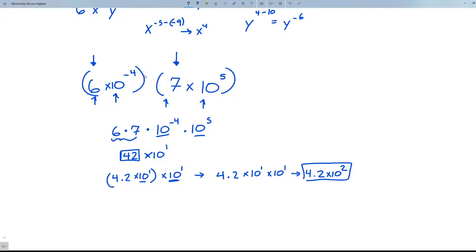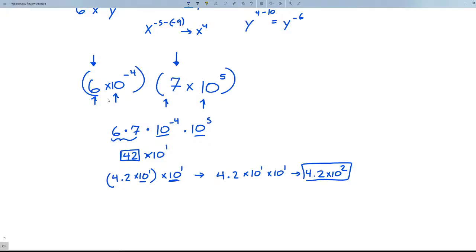With scientific notation, I'm okay with you leaving it as is. You will know you're doing scientific notation because you will have a base 10 factor, as we see here. If you're dealing with a scientific notation problem, you can leave the negative exponent. But if you have variables with negative exponents, you're going to simplify until you have positive exponents.